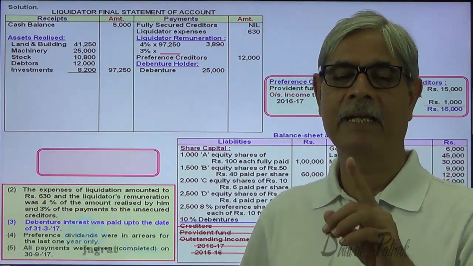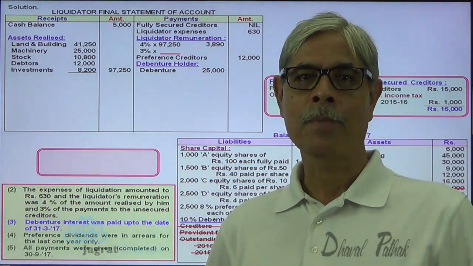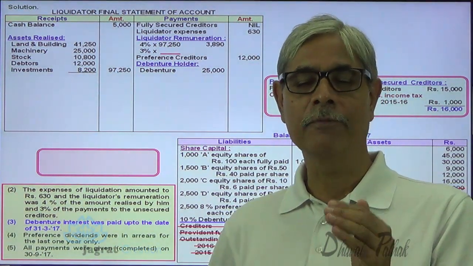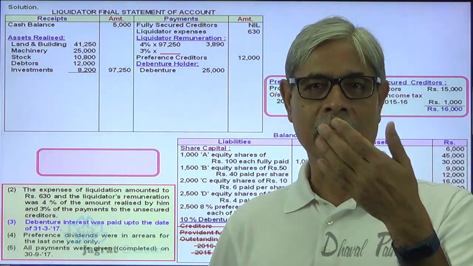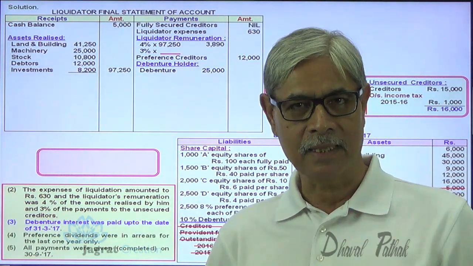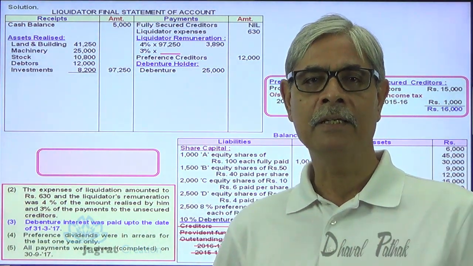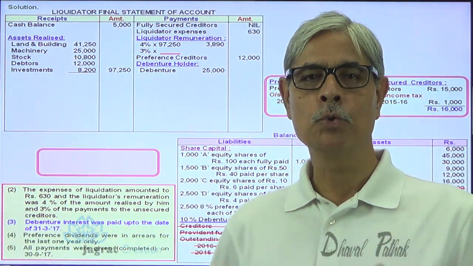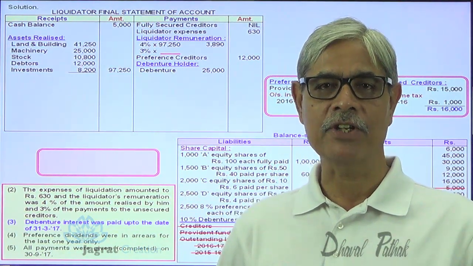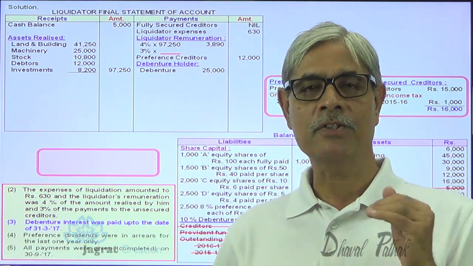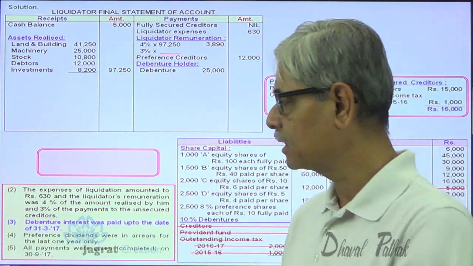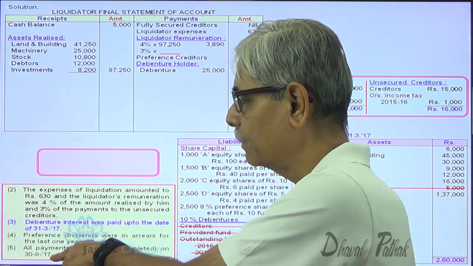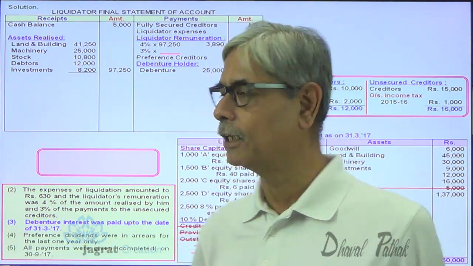That is to be decided on the basis of whether I have sufficient funds to pay all unsecured creditors, and after that, whether any cash balance is left with me which is available to preference shareholders and equity shareholders. If the answer to this question is yes, then you can pay interest to debenture holders for 6 months, that is up to 30th September 2017.